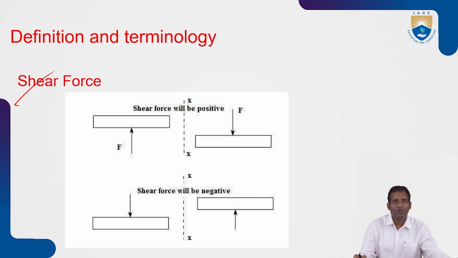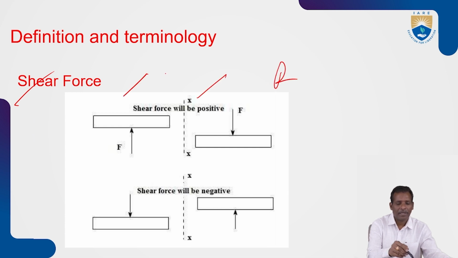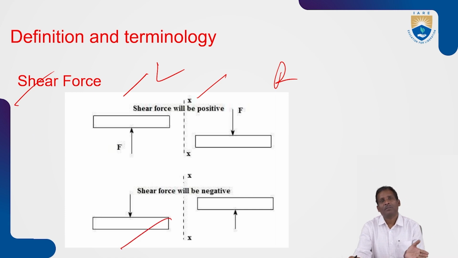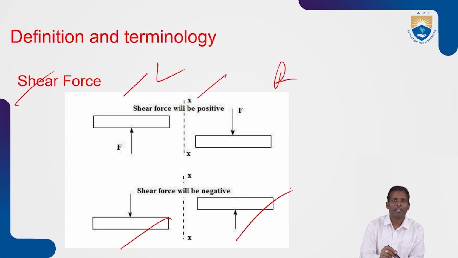For the positive shear force, there is a section with a left side and right side: on the left side upward is positive, and on the right side downward is positive. In the other case the shear force will be negative: downward on the left side is negative, and on the right side, where forces are calculated, upward is negative.